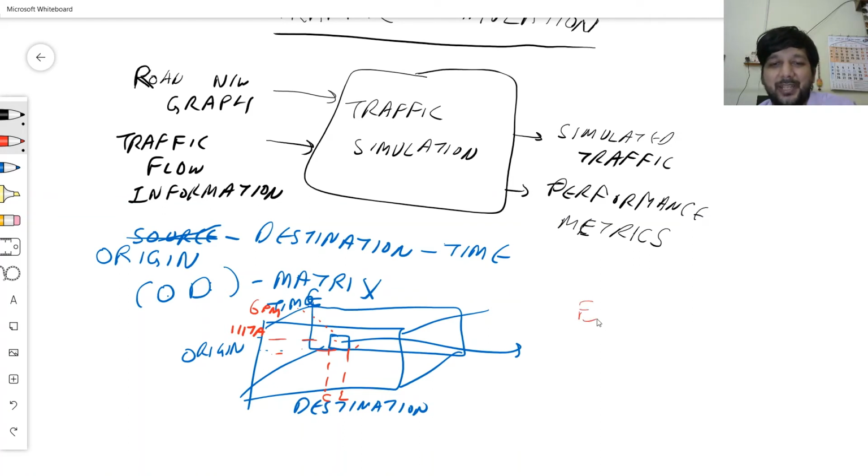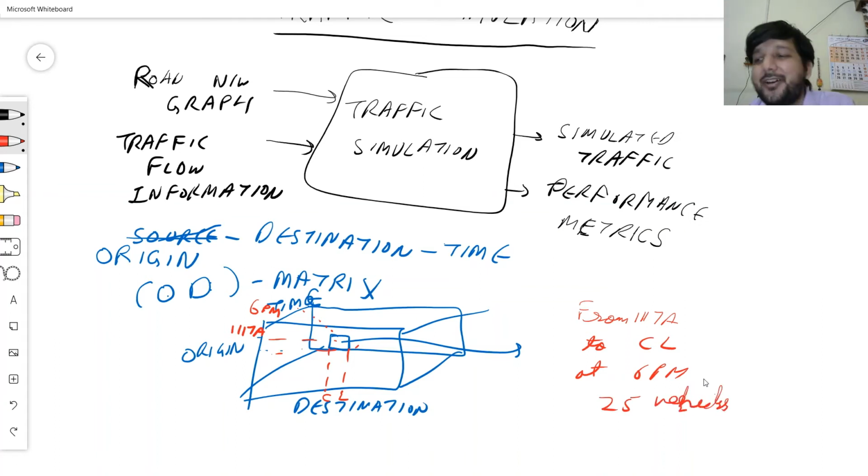So from IIIT Allahabad to Civil Lines at 6 p.m., let's say 25 vehicles, these are Olas, move because users want to get in. So that's at the level of the origin destination, or the demand on the transportation infrastructure.